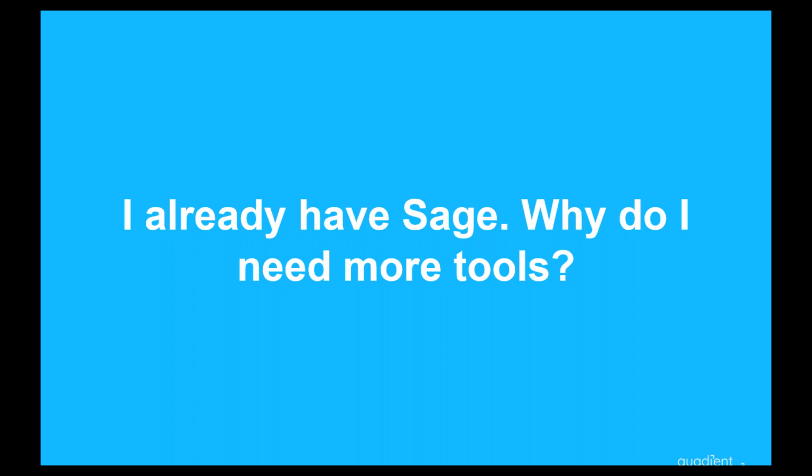And while Sage does a good job at maintaining your general center of truth for the organization when it comes to your finances, the truth is that you do need additional tools sometimes to really help to support things like your cash flow, right?